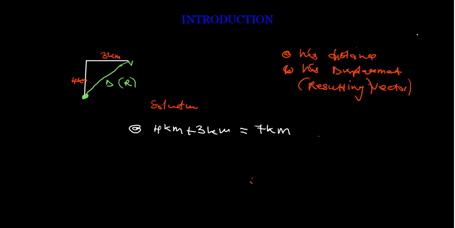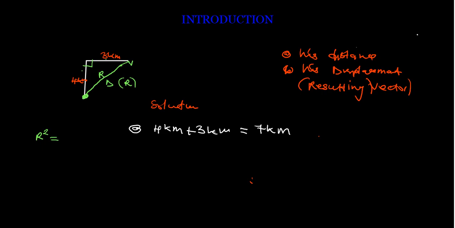We'll use Pythagoras theorem. This is a right-angled triangle. Let's name this R, the resultant. These are just the adjacent and opposite sides, so R squared is equal to adjacent squared plus opposite squared.